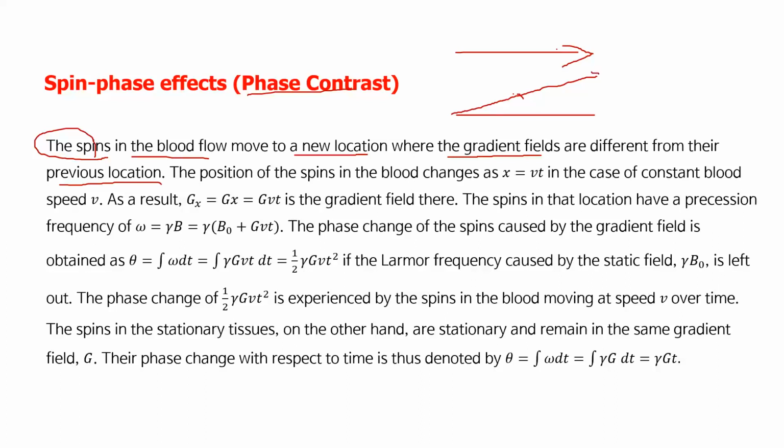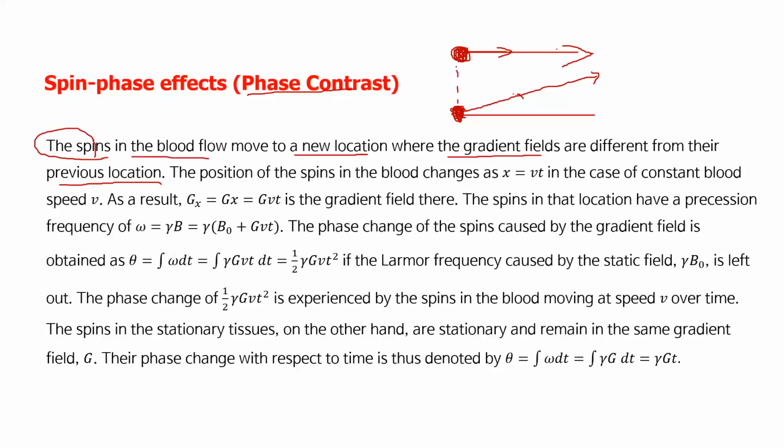At first the blood was here, and the blood is flowing, it's moving. So at this moment, the spins in the blood feel this magnetic field, gradient field.